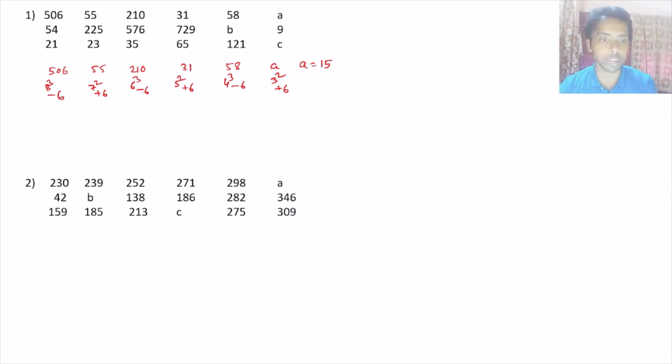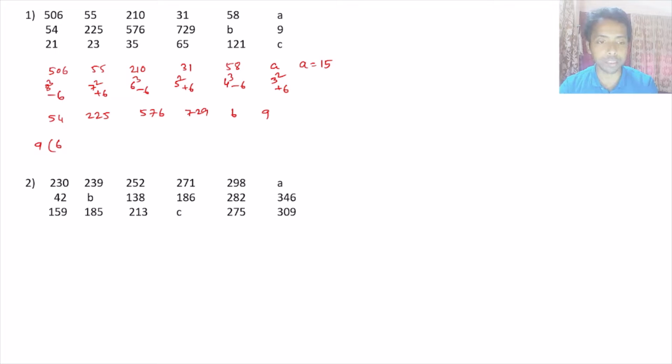Right? Okay, next one. That is 54, 225, 576, 729, B and 9. Now, all the numbers have 9 as a factor. By seeing the numbers, you will understand. So, if you take 9 common, for better visibility, what logic follows here?